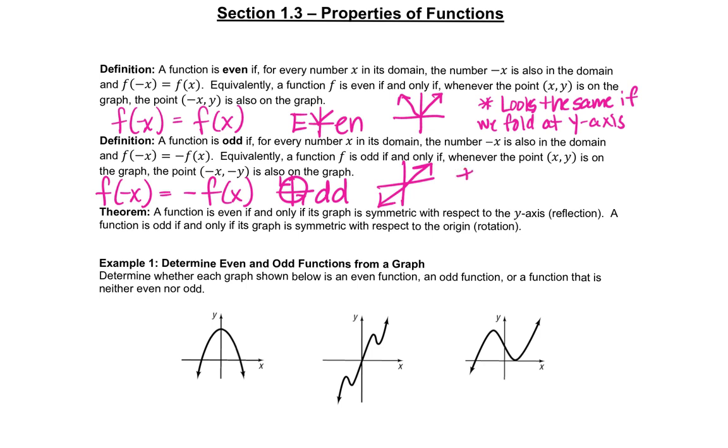So this one will look the same if you rotate around the origin. Think of a spin.